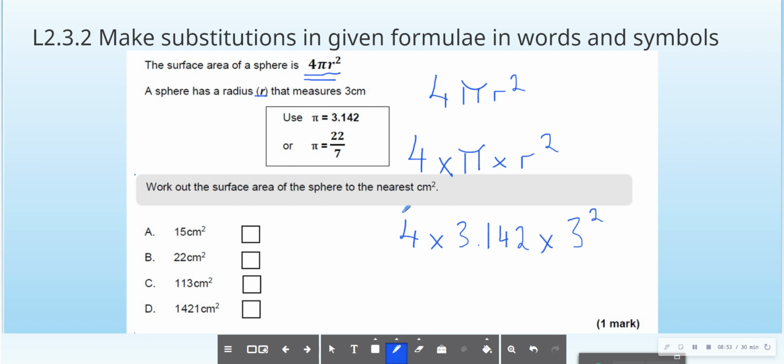So again, put this all together. 4 times 3.142 times by 3 squared is going to give us 113.112, and then it says round to the nearest centimetre squared. So to the nearest centimetre squared, it's going to be 113. So here we go. There we go.